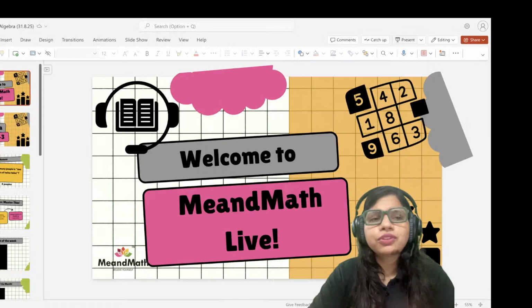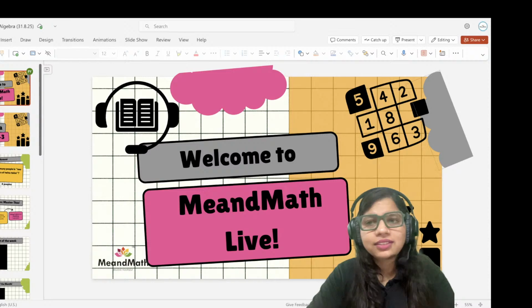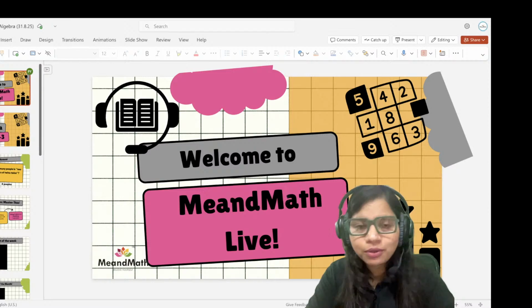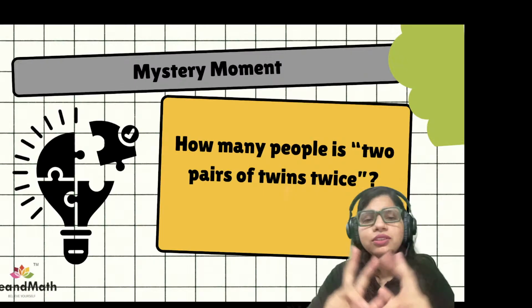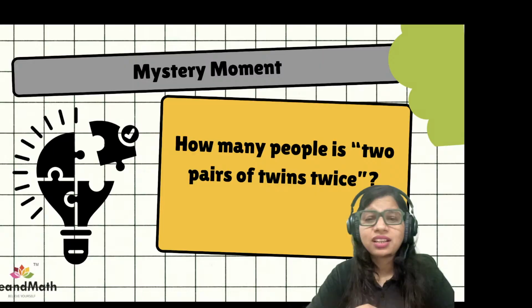The previous mystery moment was for sure done by you, Advika. So let me give you the new mystery moment. How about this one? How many people is 2 pairs of twins twice?